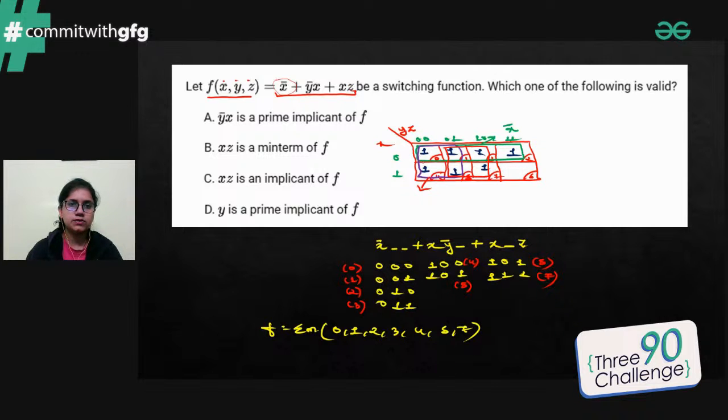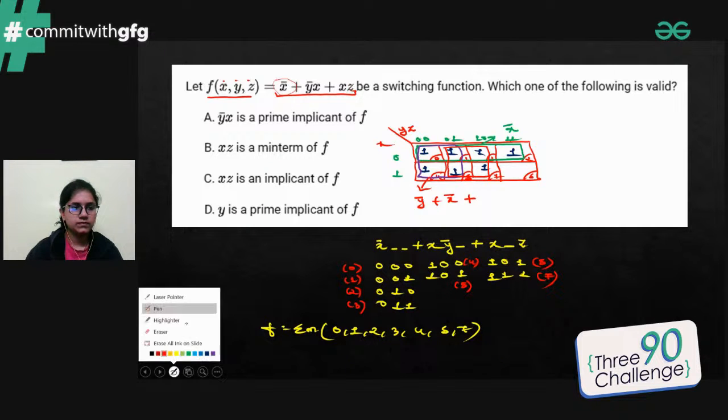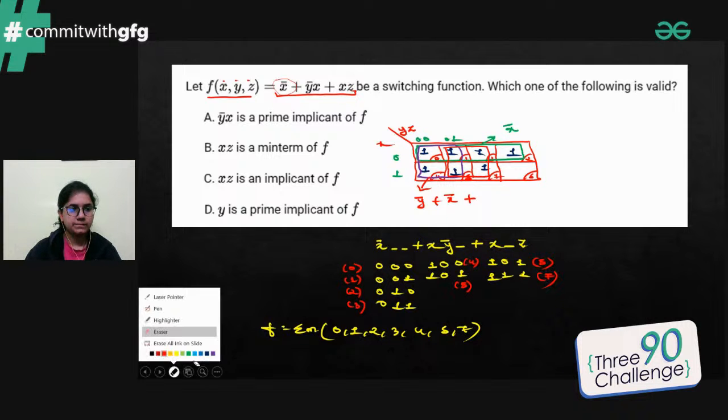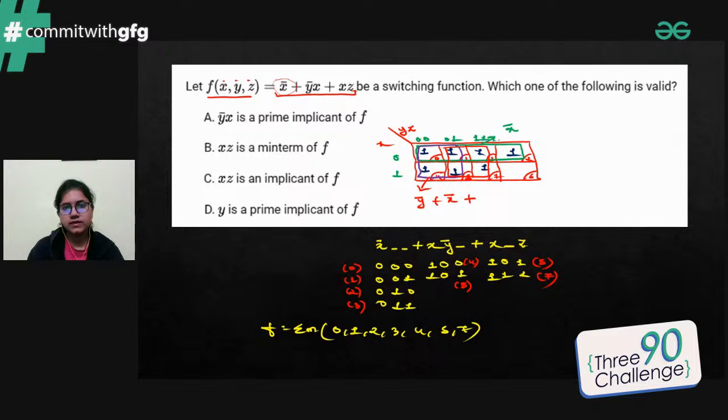So this side will be 0, 1, it will get cancelled, and from here we will have y bar, plus x bar we have, plus, and the answer for this will be, so here it should be 1, 1, right? Here it is 1, 1 and 1, 0.